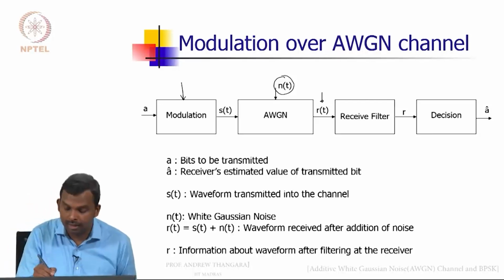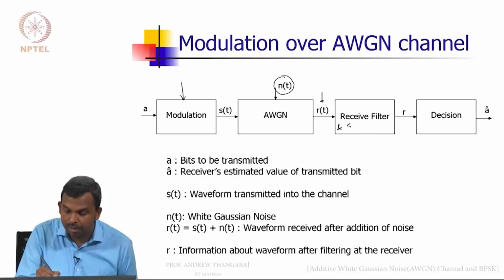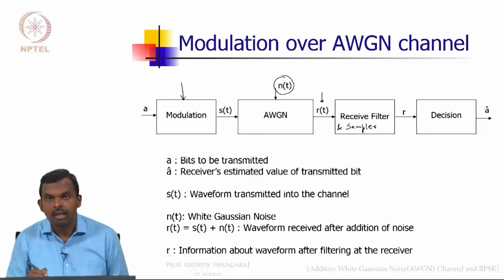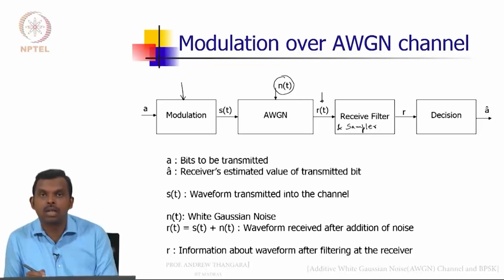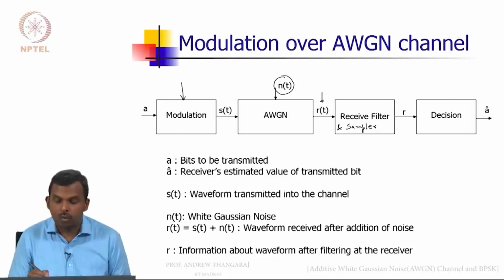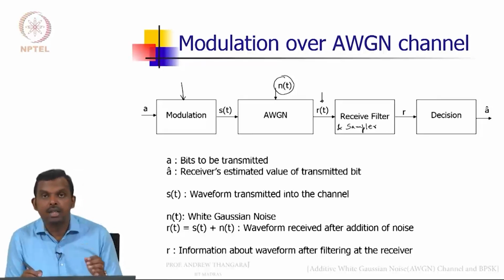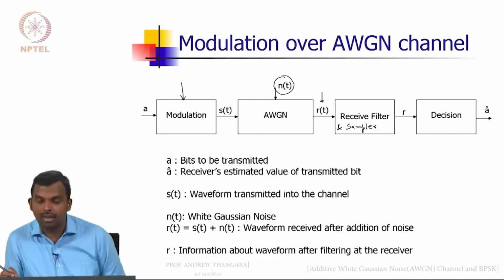So there is a receive filter and sampler here, and usually one can design this so that you do not lose any information and you get samples. As it turns out, one can make a direct connection between the bit that was transmitted, A, and the sample R that was obtained.